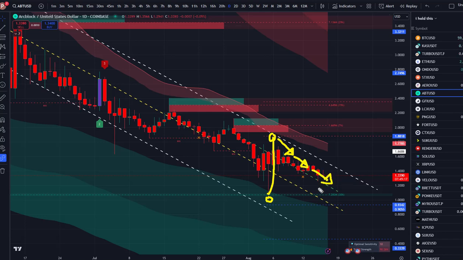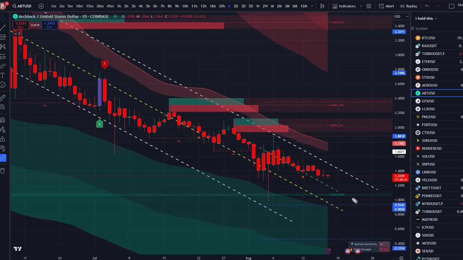And if you look at it, if ABT decides to go down, ABT could go to 60 cents. I'm not saying it's going to go to 60 cents, but let's say ABT stays on this yellow trend part of the line. ABT can continue to travel down, come down just to here, which is the middle of that bullish part of the trend line between the yellow and the white. So ABT just needs to come right here where I have the dot. So I'm going to clear it up.